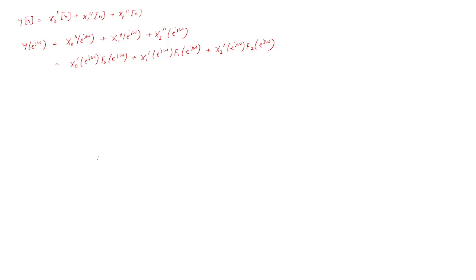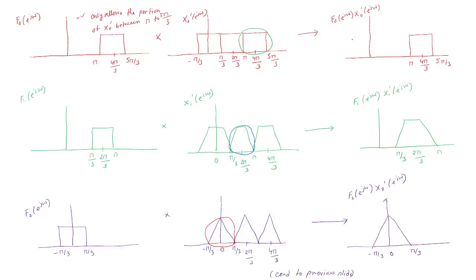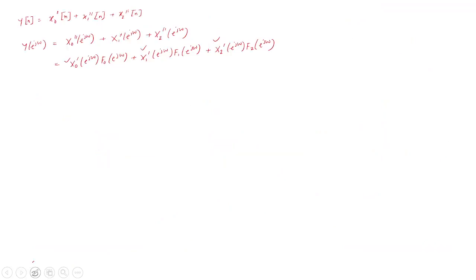Now you can see this is basically summation of these three spectra that we have already calculated, and you can see that these three are non-overlapping. See, this one is centered around 0, ends at pi by 3. It starts from pi by 3 and centered around 2 pi by 3. Then it's centered around 4 pi by 3 and starts from pi. So these three are non-overlapping. So if we sum them up, we get this.